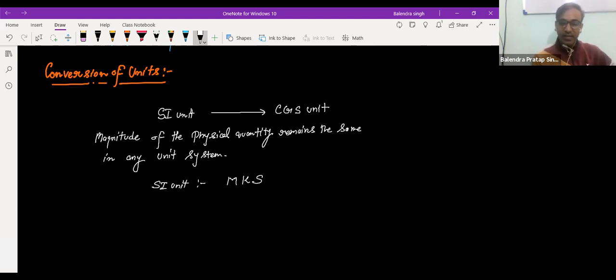Okay, it's another name for the SI unit system, and this is the CGS unit system.